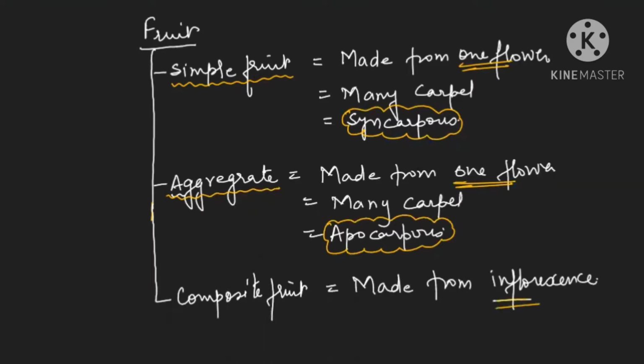Now we will study in detail the simple fruit. We'll classify the simple fruit depending upon the pericarp, the ovary wall: whether the pericarp is fleshy or dry.